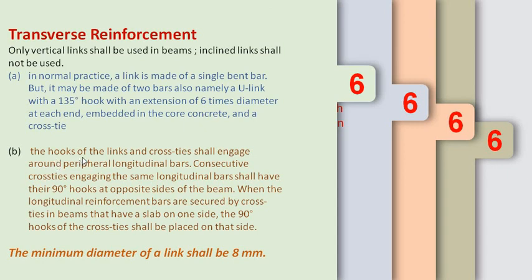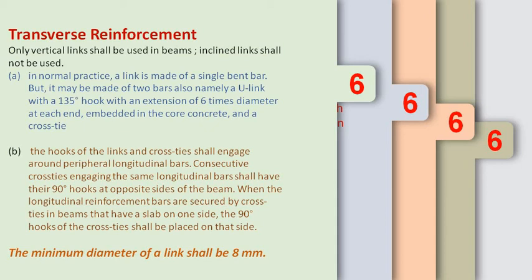The hooks of the links and the cross ties shall engage around peripheral longitudinal bars. Consecutive cross ties engaging the same longitudinal bar shall have their 90-degree hooks at opposite side of the beam.